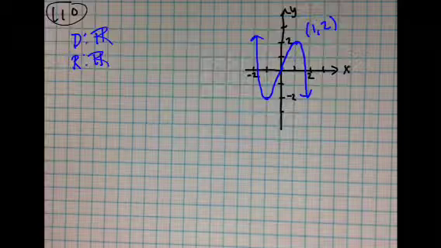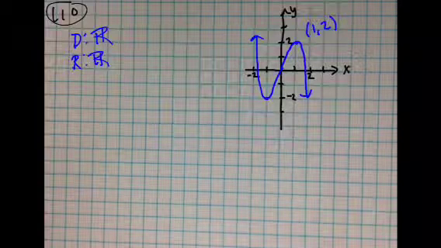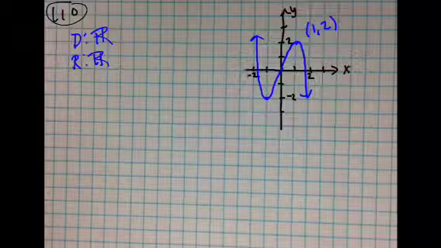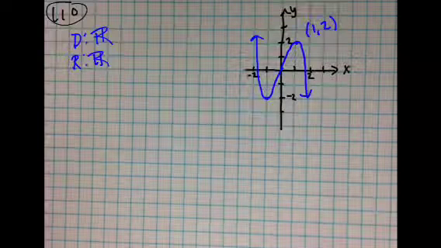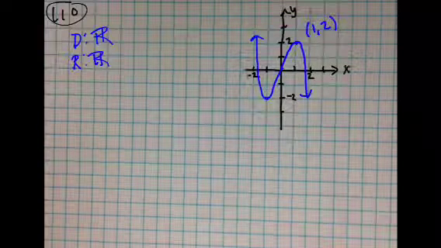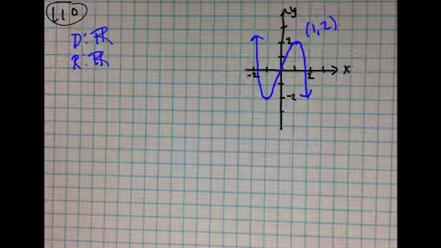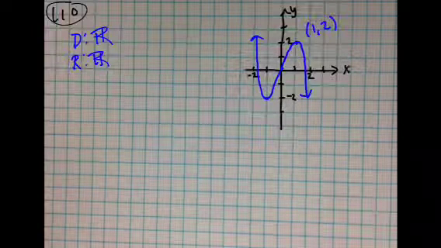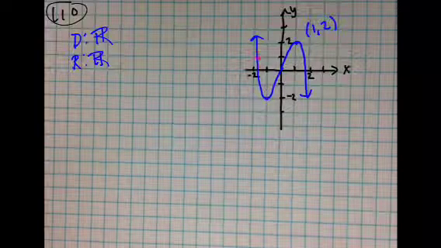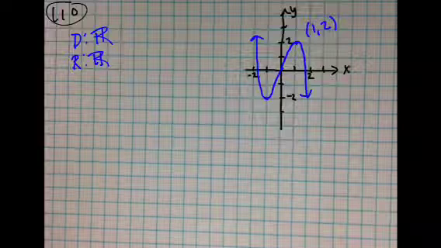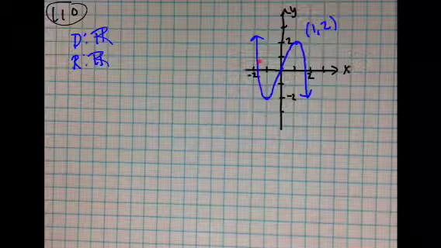Okay, for C, identify the open intervals on which the function is increasing, decreasing, or constant. So remember, when we read a graph, we always read it from left to right. So as I go from left to right, from here to here, it's decreasing. The value is going down.